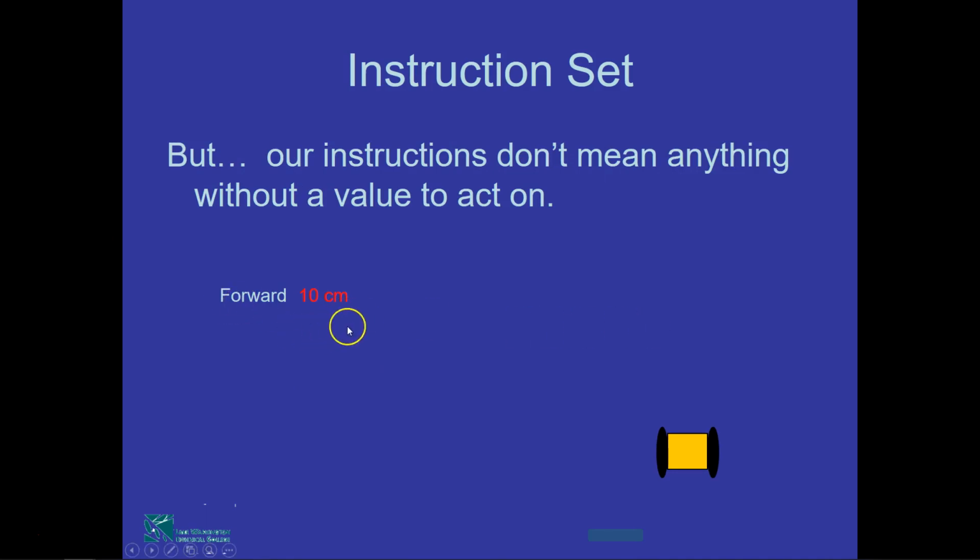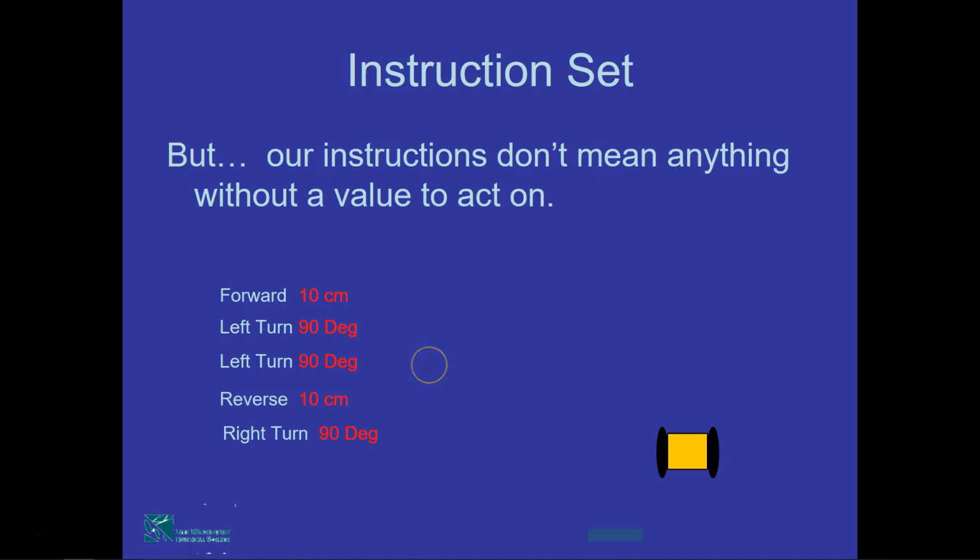Let's say forward going 10 centimeters, then taking a left turn of 90 degrees, and then a left turn again of 90 degrees, then taking a reverse of 10 centimeters, and then taking a right turn of 90 degrees.